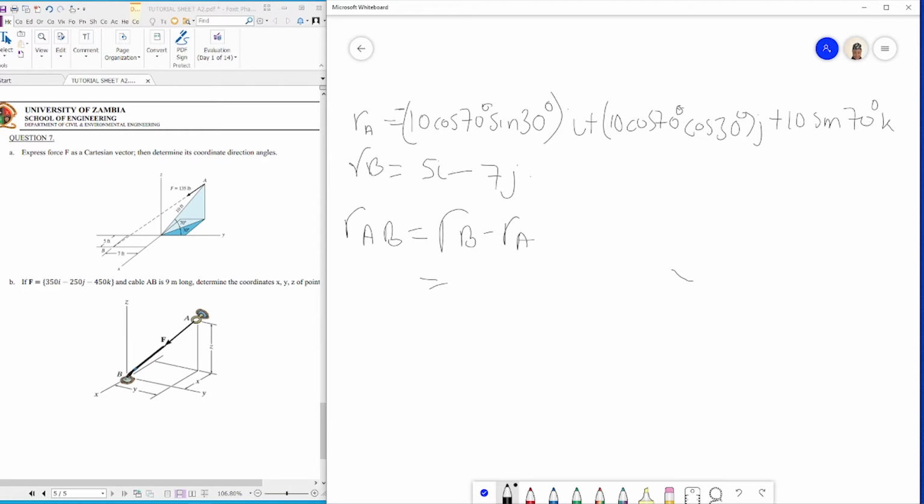For the i, this will be 5 minus 10 cos 70 degrees times sine 30 degrees, so minus that becomes plus, which is 1.710, so 6.710 for the i.